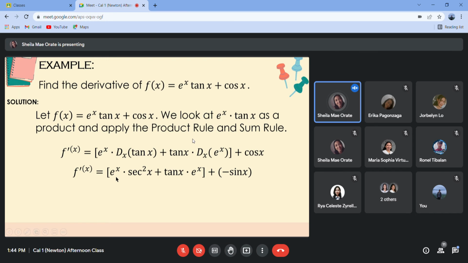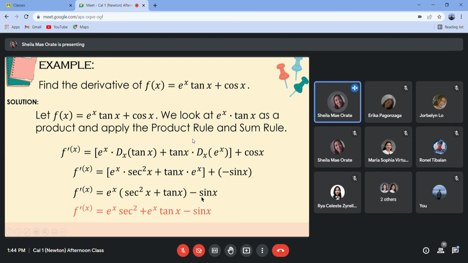Next, we factor out e raised to the power of x, since it is common to both terms. We are then left with e raised to the power of x times secant squared x plus tangent x, minus sine x.